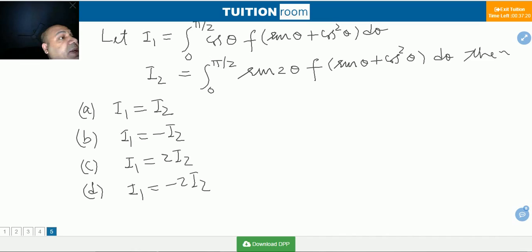If we want to find the value of the individual integrals, we can never find it, because this function is completely unknown to us. But one thing is common between these two integrals: the terms inside the function.